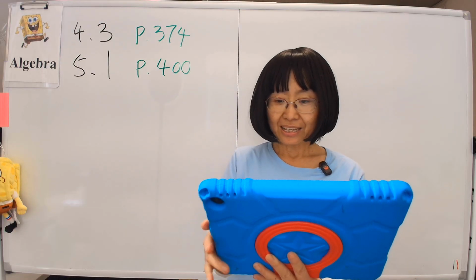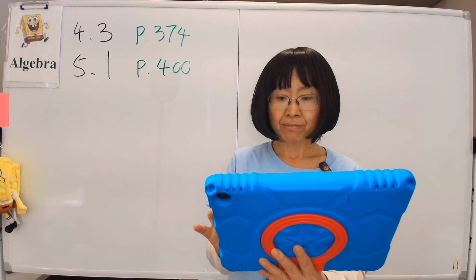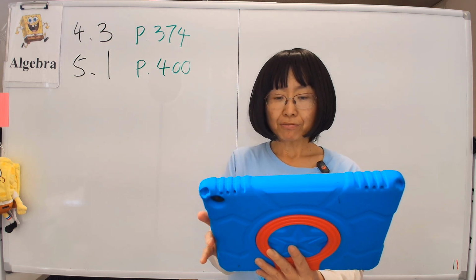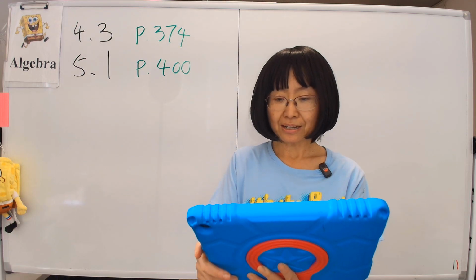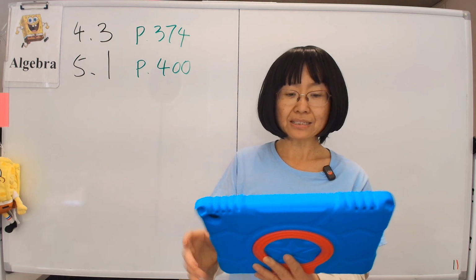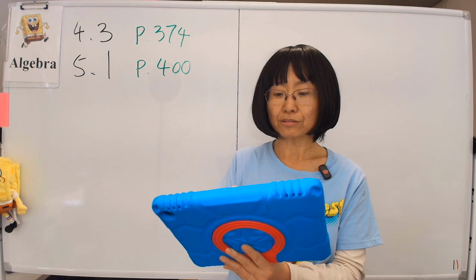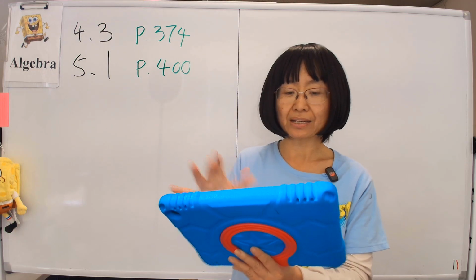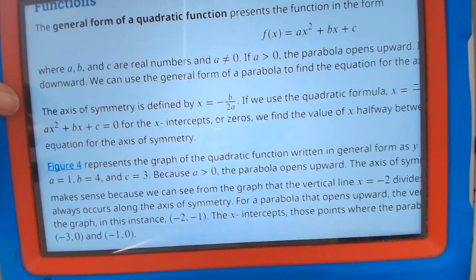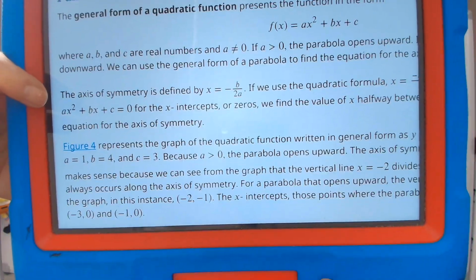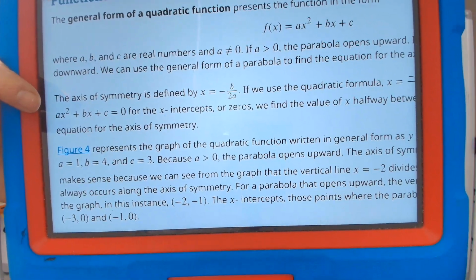The point is the axis of symmetry is given as x equal to minus b over 2a. This is important for the homework, so please note this. What is the axis of symmetry of a parabola that's opening up or down?